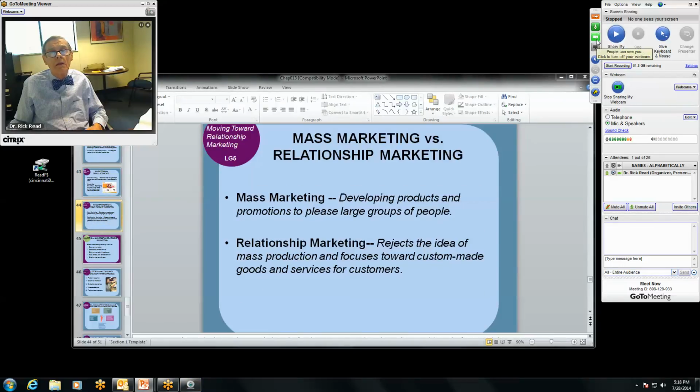Mass marketing is a little bit different than relationship marketing because you're going after a large group of people. Whereas relationship marketing says the mass is not something that we're after. We're going after specific customers, and we're going to build relationships with those folks.